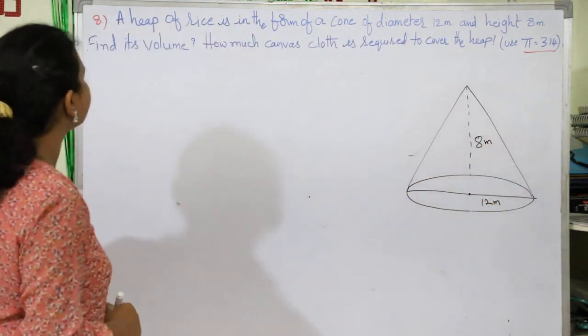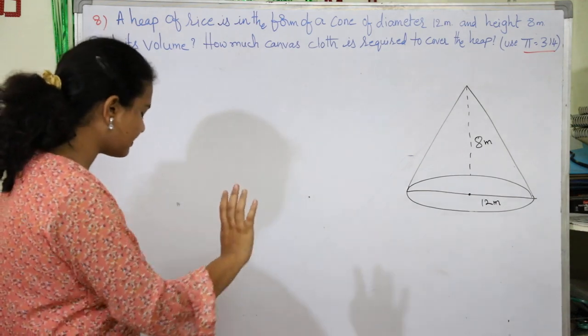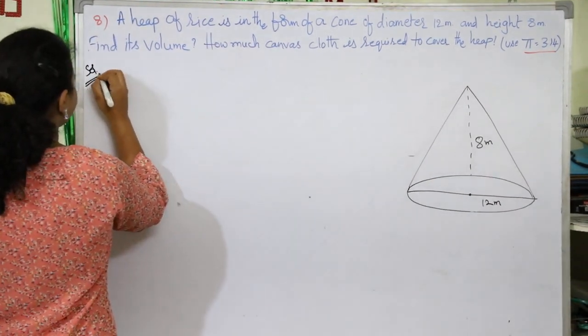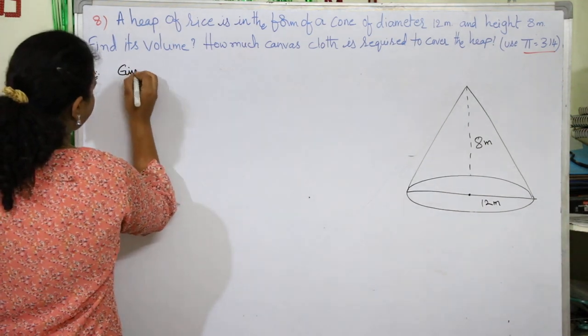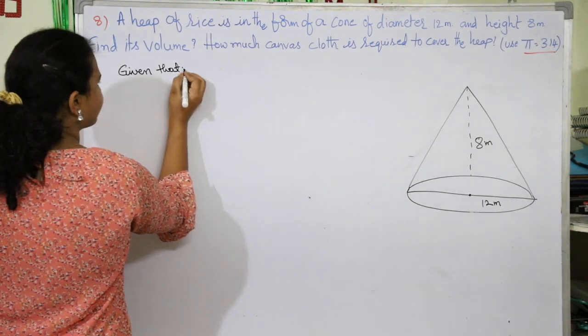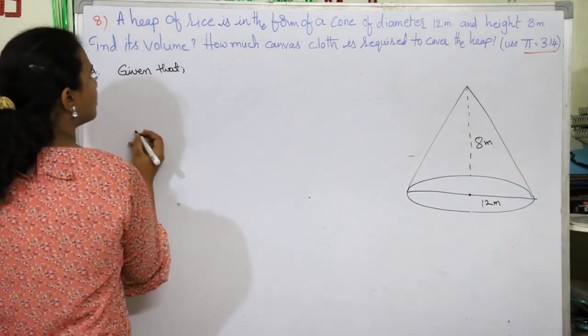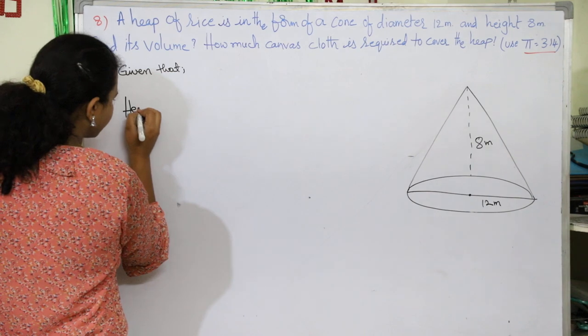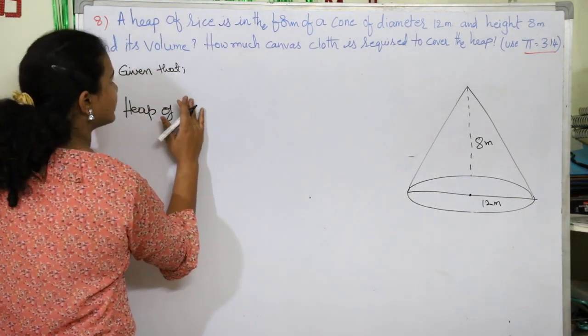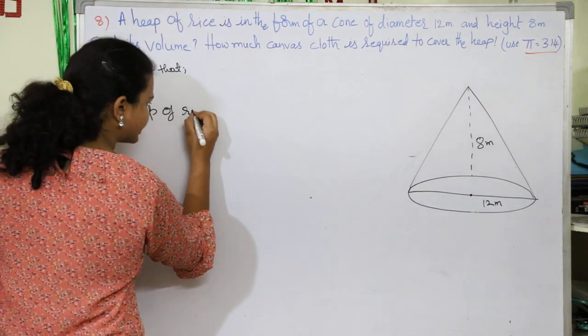Now find its volume. So first let's find the volume of this given cone. So to find the volume, let me write down the solution and given data. You have a heap of rice, we can take this heap of rice shape as cone shaped one.